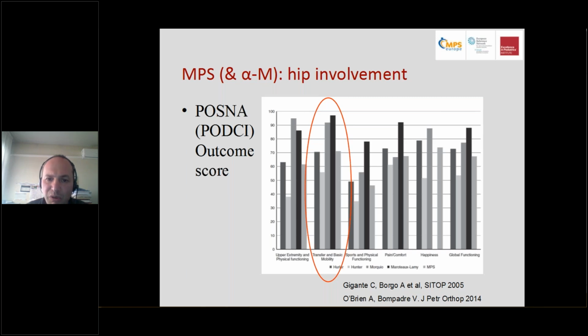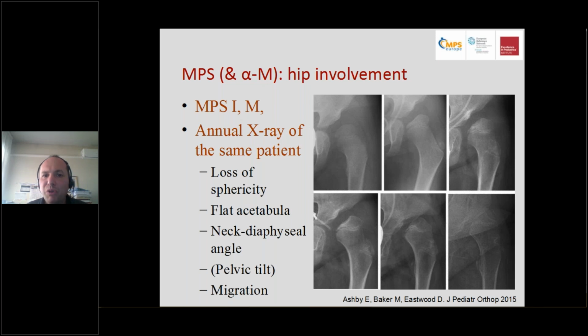This score is able to give also a subscore, the transfers and basic mobility score, that in some ways is able to quantify the autonomy in walking and so on, and in MPS patients this is really reduced.